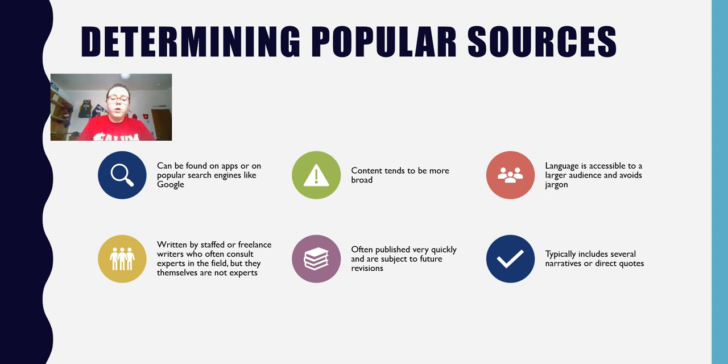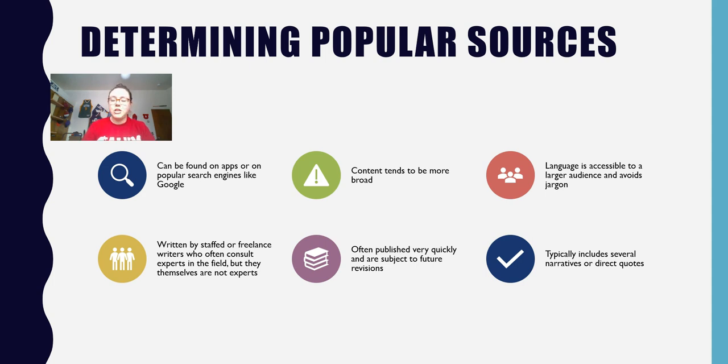Also, with popular sources, they typically tend to be written by staffed or freelance writers who often consult experts in the field, but they themselves are not experts. So remember how I said that, if you go into National Geographic, they might cite an article from a scholarly publication.